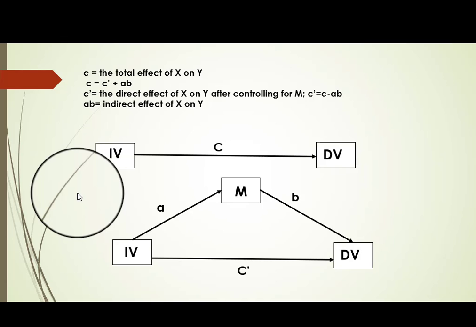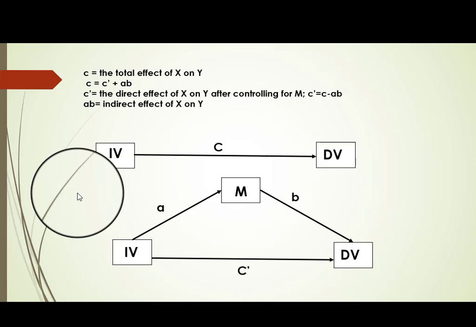Here you can see the relationship between the independent and dependent variable is represented by path C, which is the total effect of the independent on the dependent variable. Then we have the same diagram that you saw in the last slide, but the only difference is the path C dash. Path C dash represents the direct relationship between the independent and dependent variable.